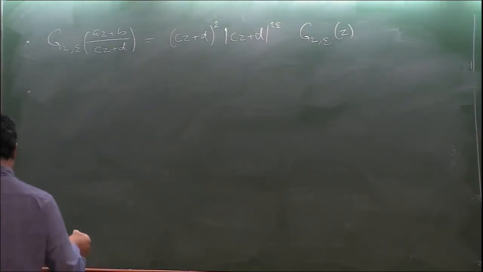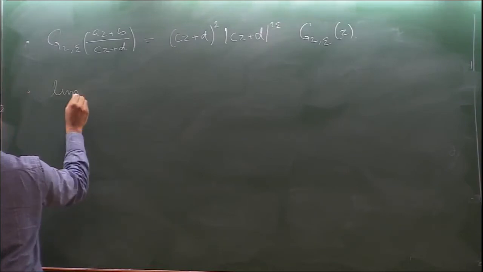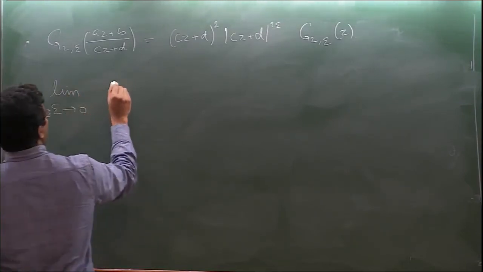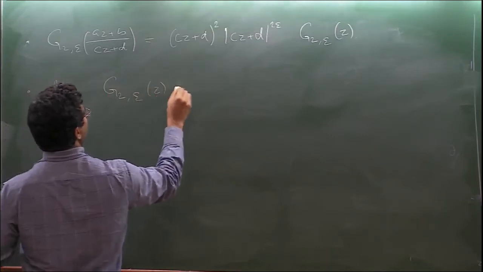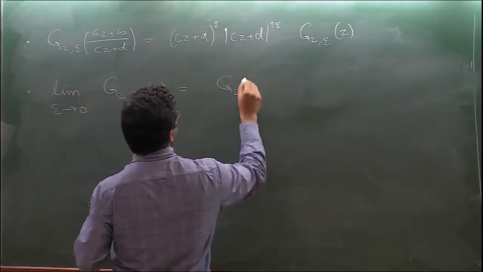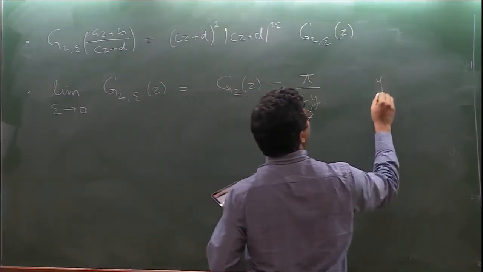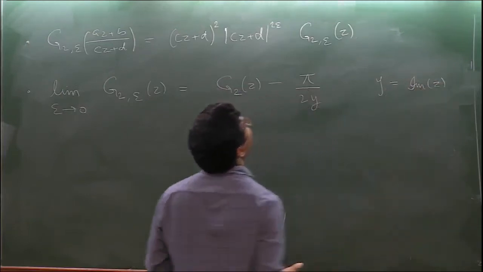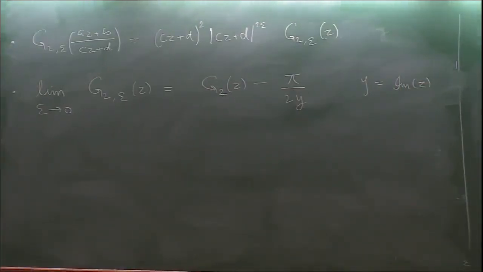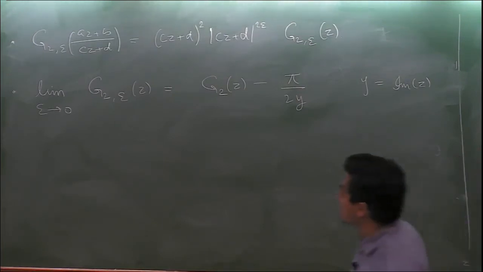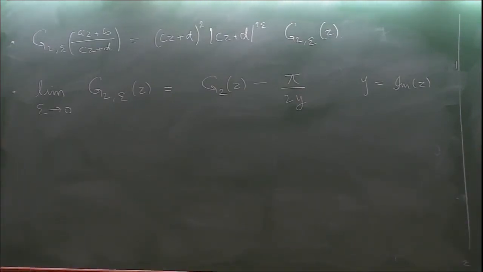The other one is more tricky, but I'm not going to show it: the limit of G2 epsilon of Z is G2 of Z minus pi over 2y, where y is the imaginary part of Z as always. Putting those two together, you get this kind of thing. So that's the weight 2 Eisenstein series and its modular property.